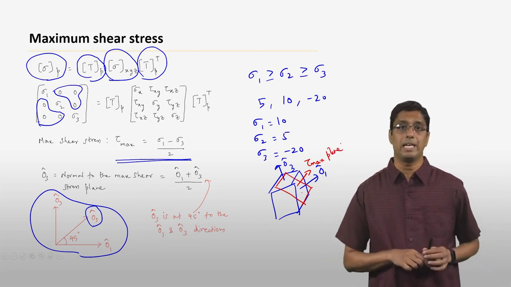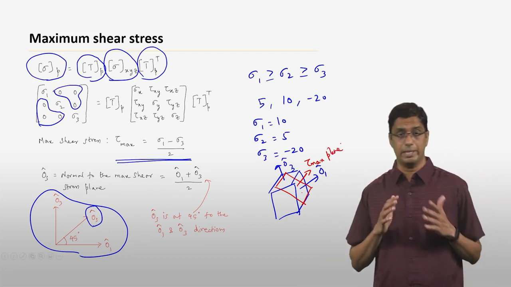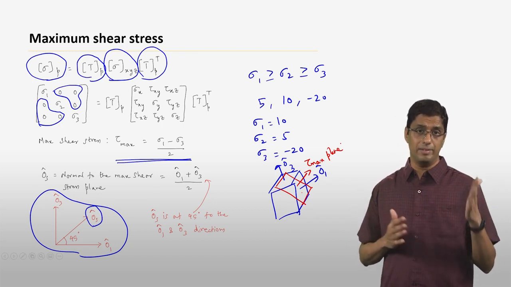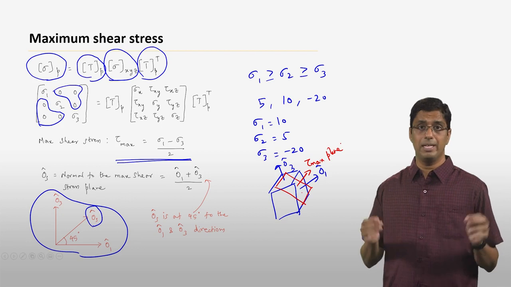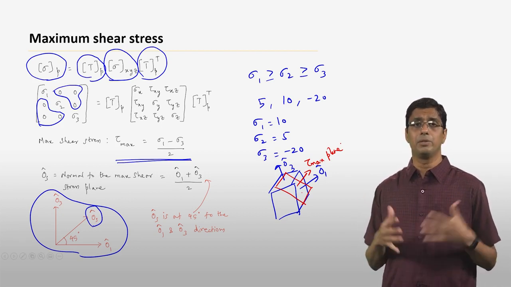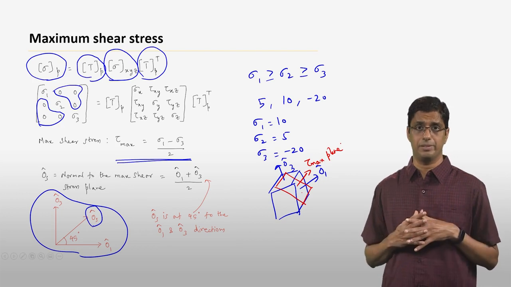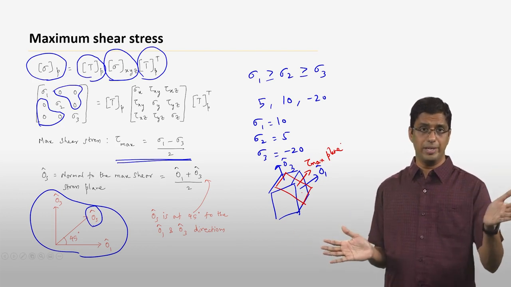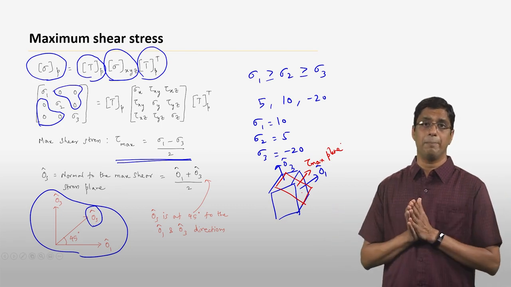That is something that you must keep in mind. Again, O1, O2, and O3 are normals to the principal planes, and similarly OS cap is the normal to the plane on which maximum shear stress occurs. So essentially, if you bisect O1 and O3, that is your OS cap.